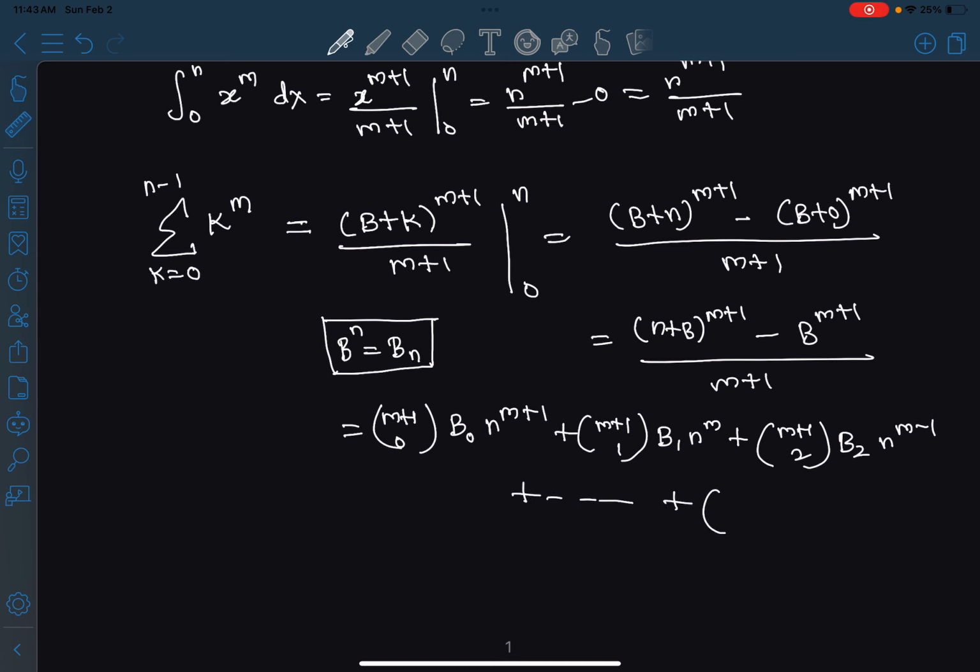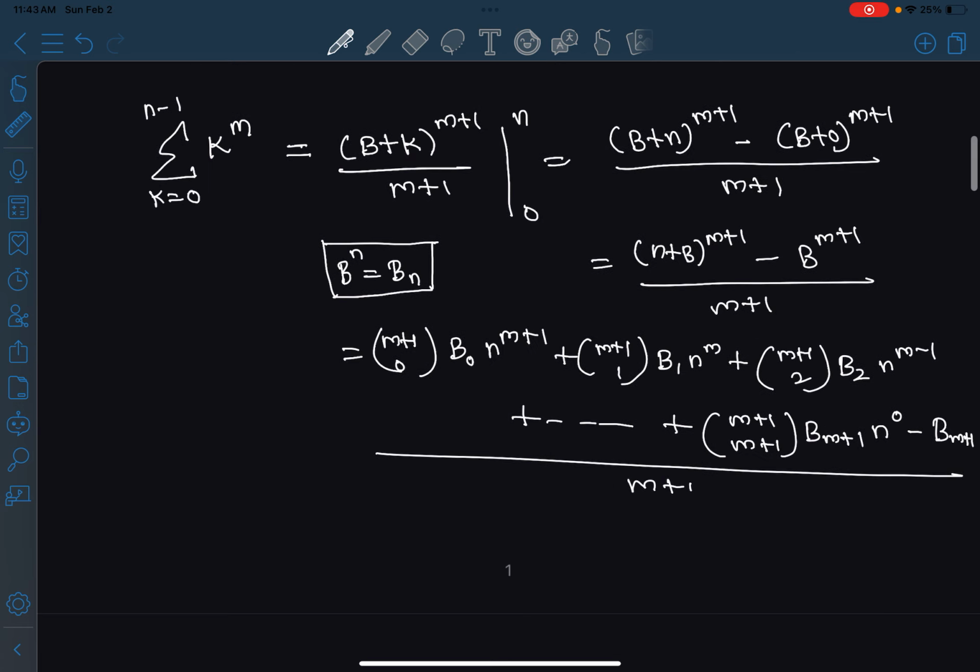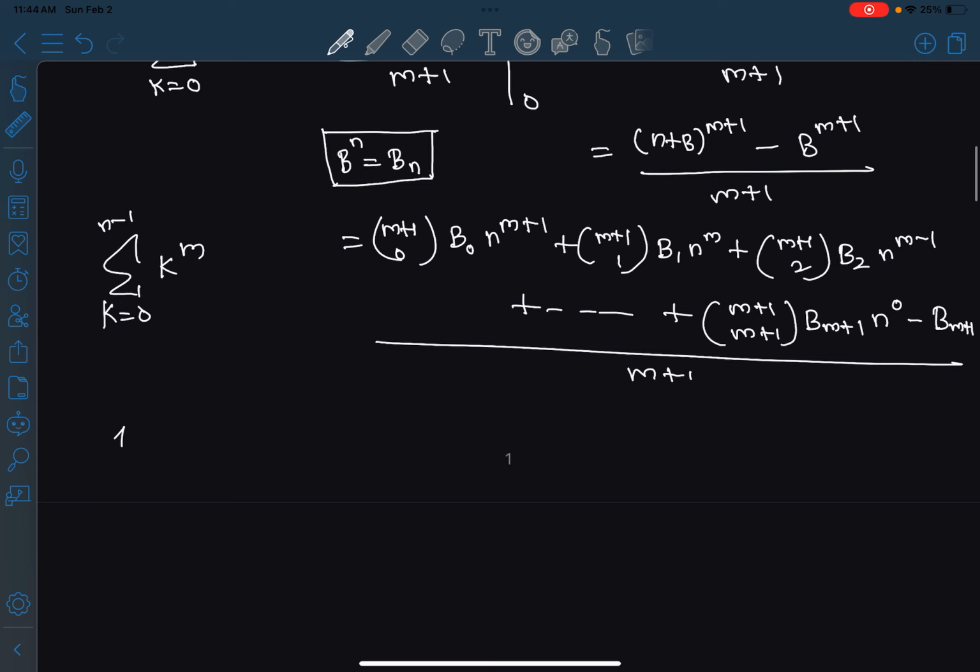Up to, the last term is m plus 1 choose m plus 1, b sub m plus 1, and in this case n to the power 0, minus, now this is also b sub m plus 1 by m plus 1. Okay, and this is basically our sum from k equals 0 to n minus 1 of k to the power m.